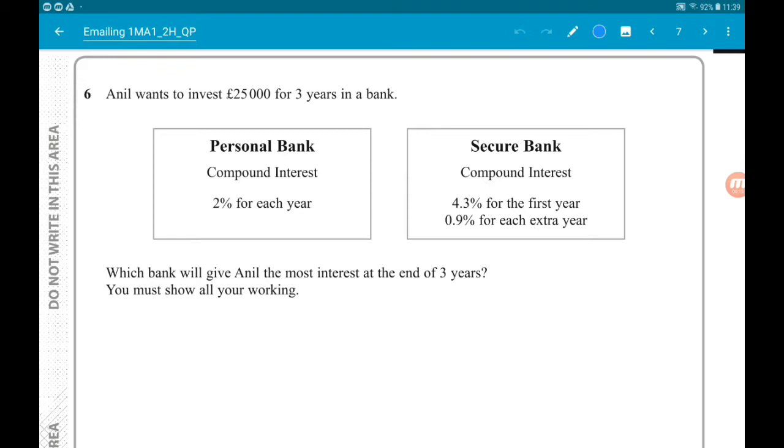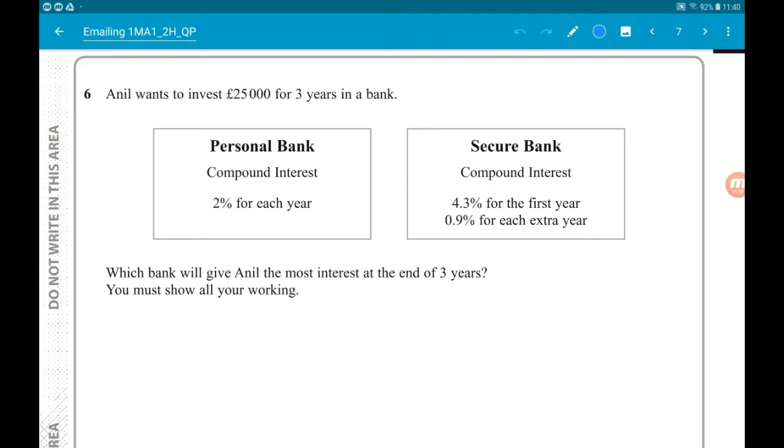Personal bank, he gets paid compound interest at 2% for each year, or at secure bank, he gets compound interest at 4.3% for the first year and 0.9% for each extra year. We are asked which bank will give Neil the most interest at the end of 3 years. You must show your working.